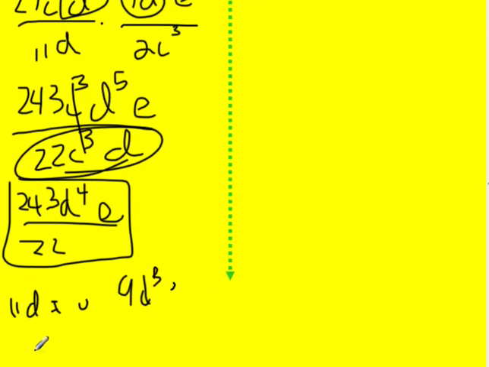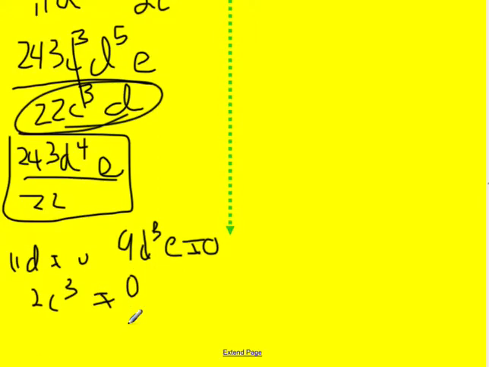And also 2c cubed cannot be equal to 0. So when we look at that one, basically, none of the letters can be equal to 0. Let's write that out. D cannot be 0, E cannot be 0, and C cannot be 0 for your excluded values.